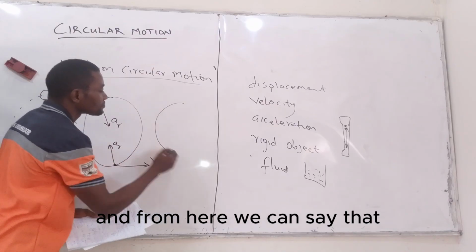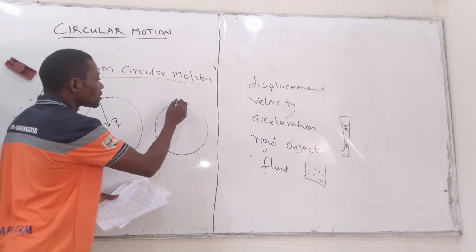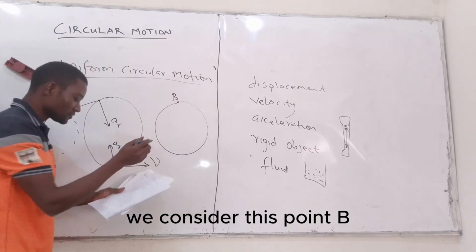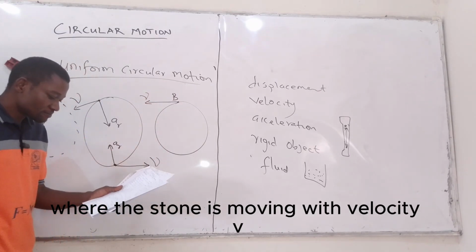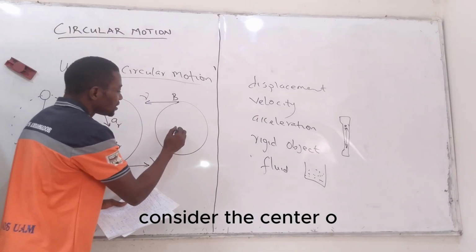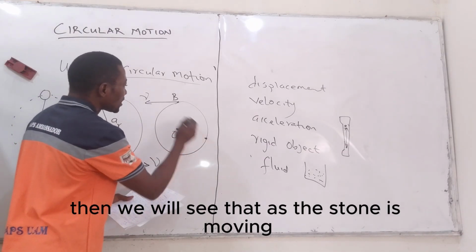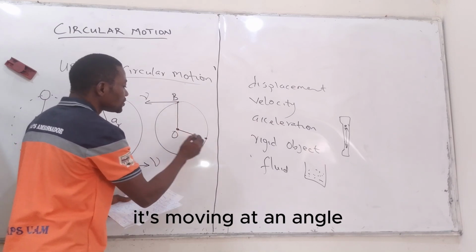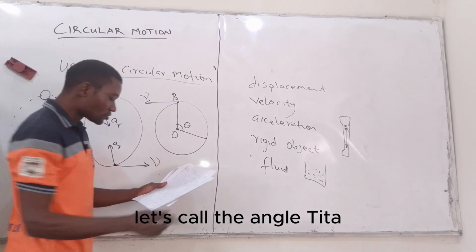And from here, we can say that if we consider this point B, where the stone is moving with velocity V, and consider the center O, then we will see that the stone is moving at an angle. Let's call the angle theta.